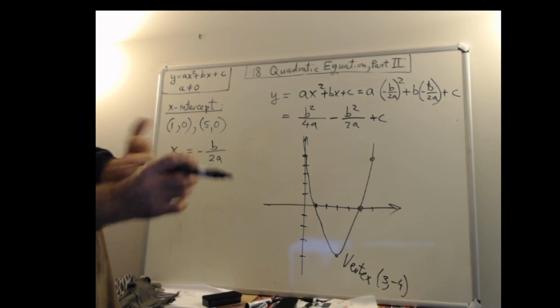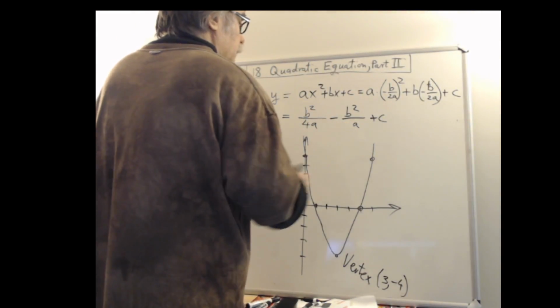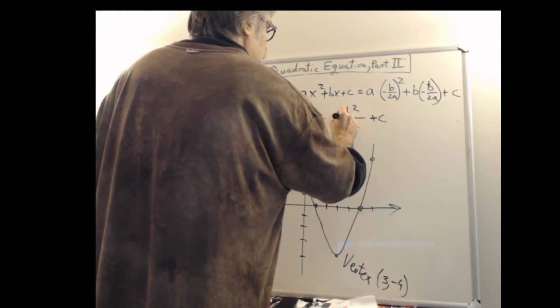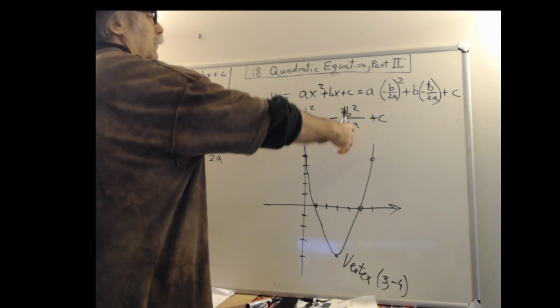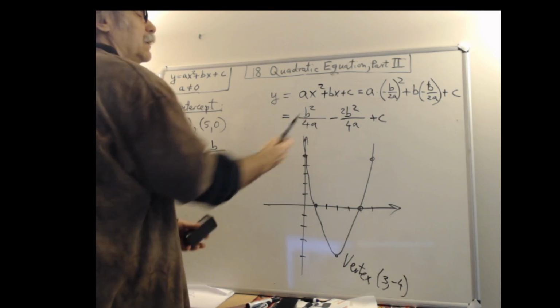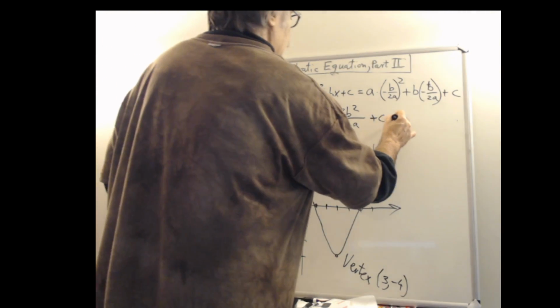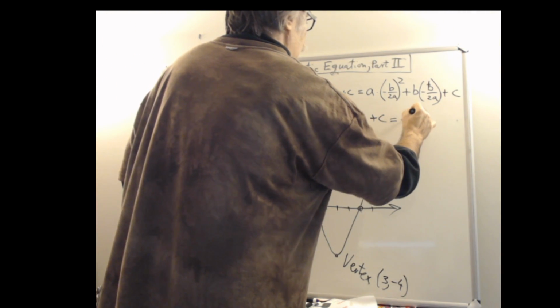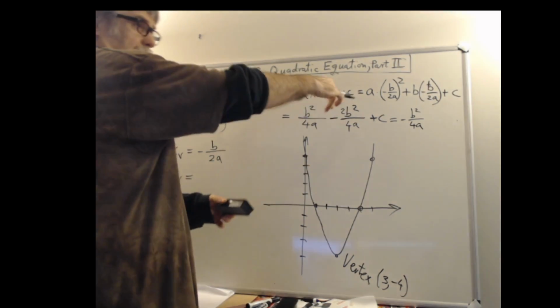By the way, you can check it out by multiplying up and down by 2. That's how you get the common denominator, and now you subtract. This guy minus this guy is this guy minus this guy. So you get negative b squared over 4a. And then you still have a c.